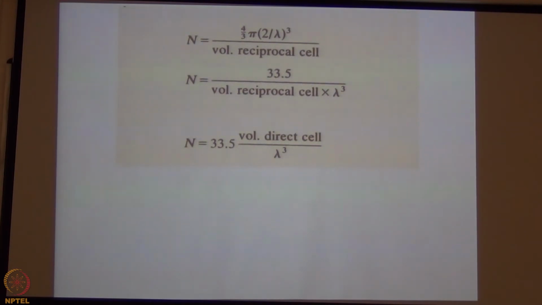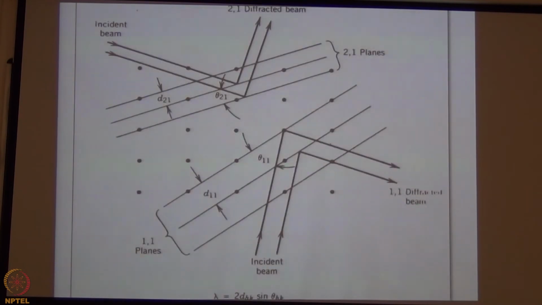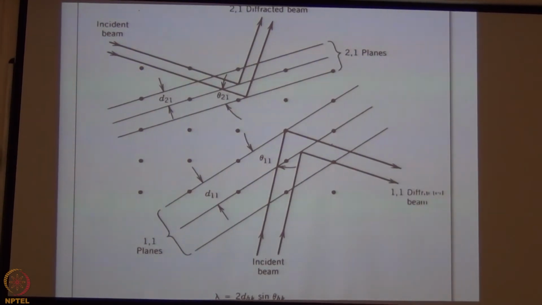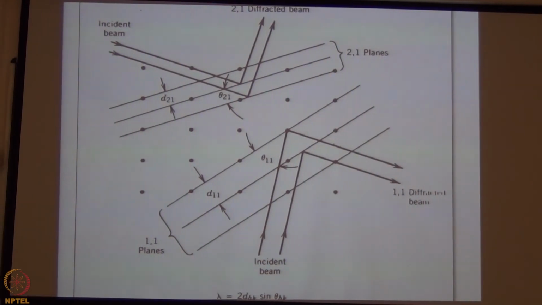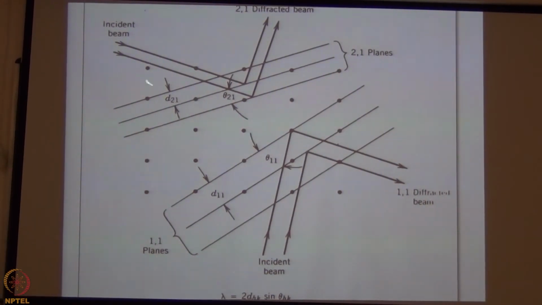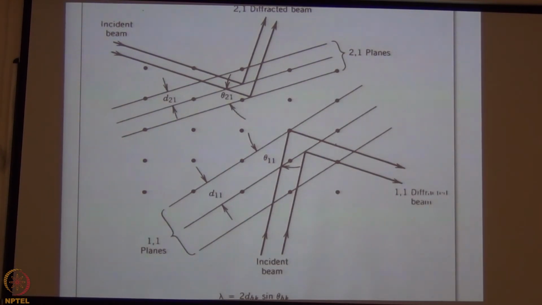Okay. So now we just want to go to that systematic absence. If you look at this array of points, this array of points has the arrangement of a primitive lattice. If you construct any unit cell, no need to draw here because all these are there in your Stout and Jensen.